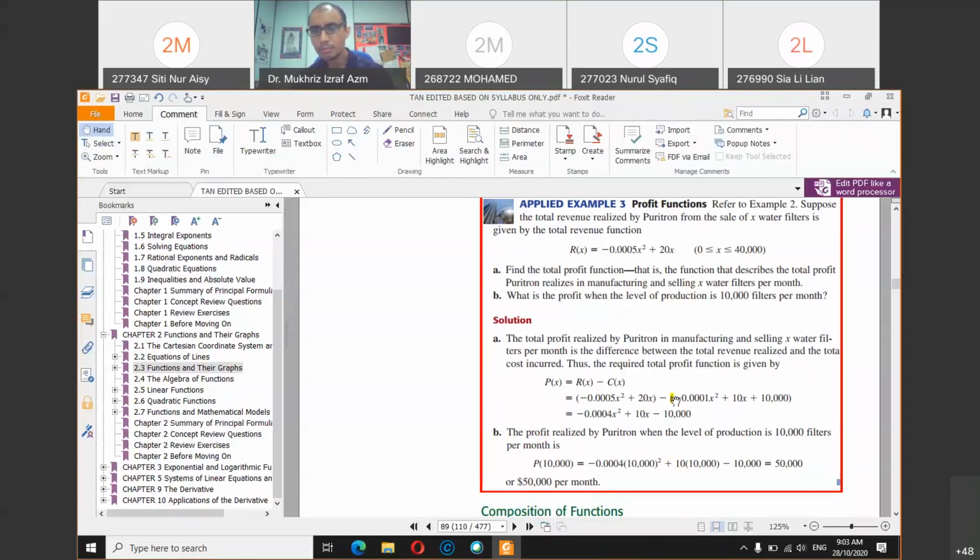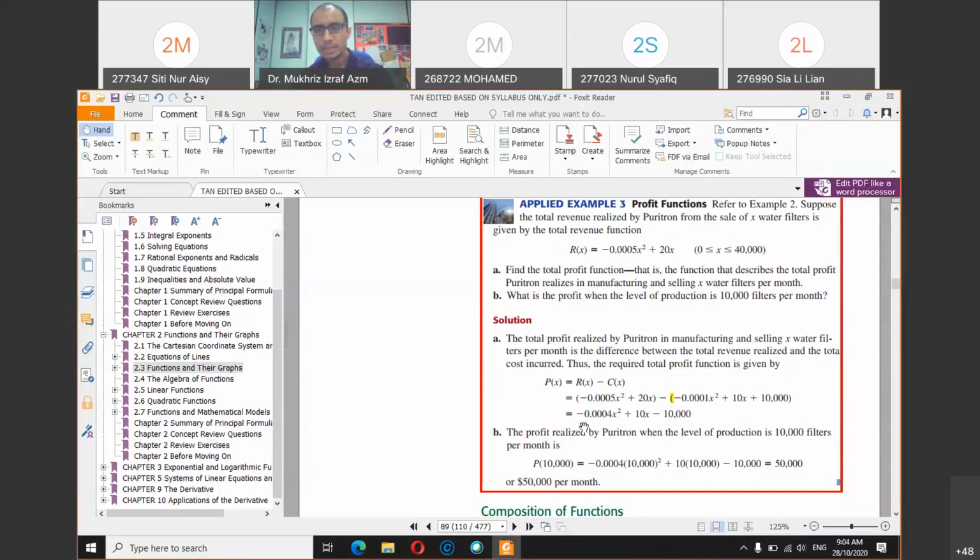If you don't put the bracket and simply minus, you will make the mistake of not taking into account negative multiplied by negative, negative multiplied by positive, and so forth. So that is one part you need to be aware of when you are taking the difference between two functions.